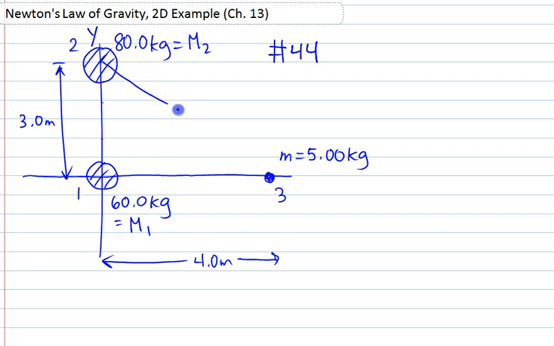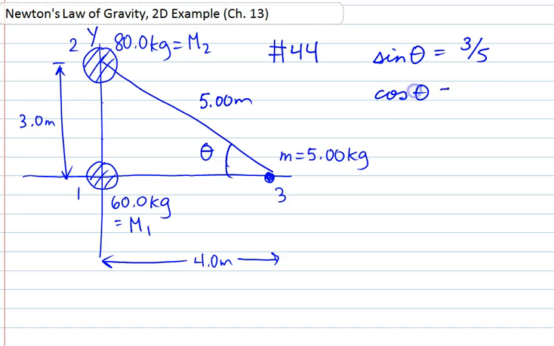That gives us a hypotenuse of 5 meters, and similar to other problems that we've seen, this gives us a nice value for the sine of our angle, 3/5, and the cosine of our angle will be 4/5.